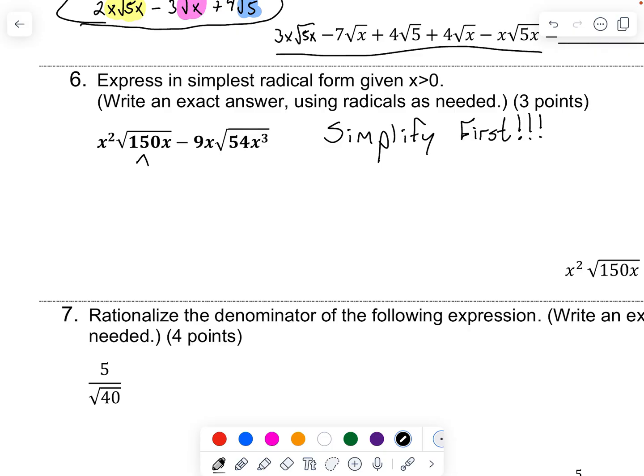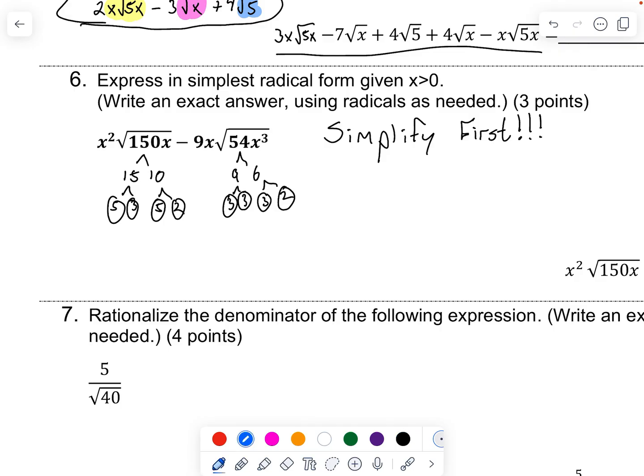Let's do our factor tree. That's 15 times 10. That would make 5 times 3 and 5 times 2. This one over here would be 9 times 6, which is 3 times 3, and 3 times 2. I'll circle all those prime factors so I don't forget one.